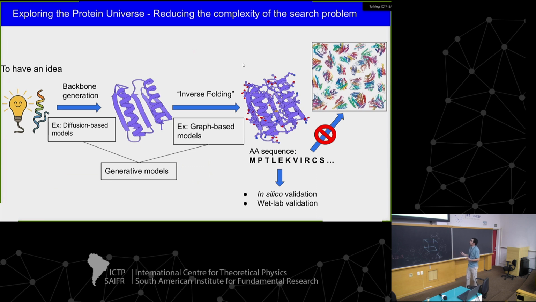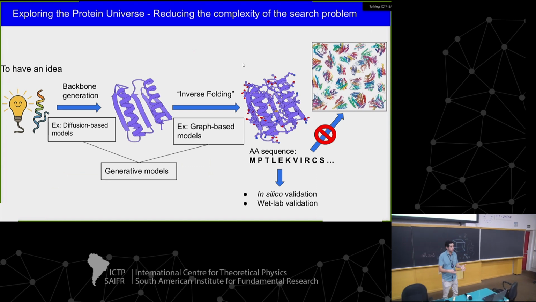You can do this by, for instance, going to the wet lab and performing experiments to see if your sequence really folds into your target structure and is doing what you want. But sometimes you don't have this, so you need to try some in silico validations. So you can use other orthogonal methods to test if your designs, your sequences, are good or not, right?